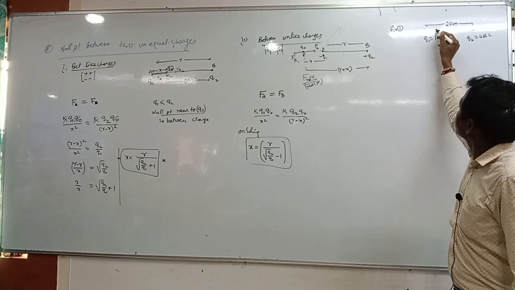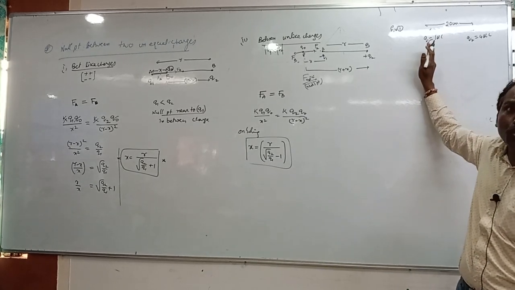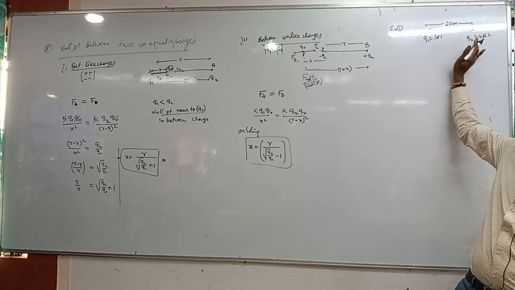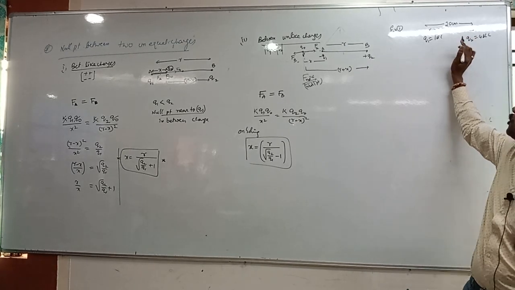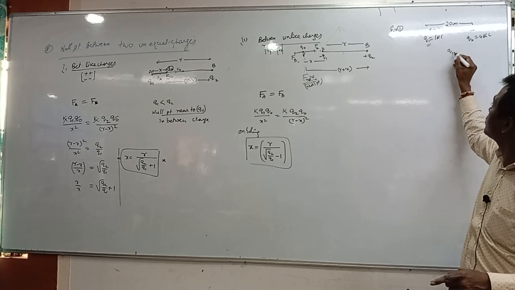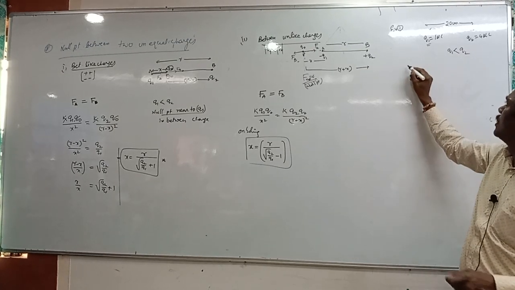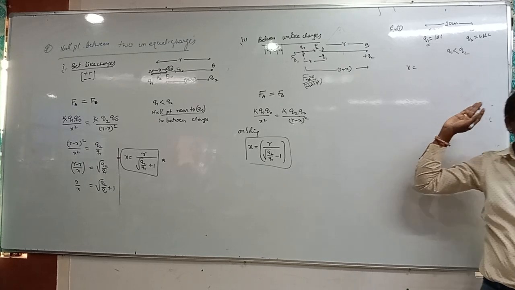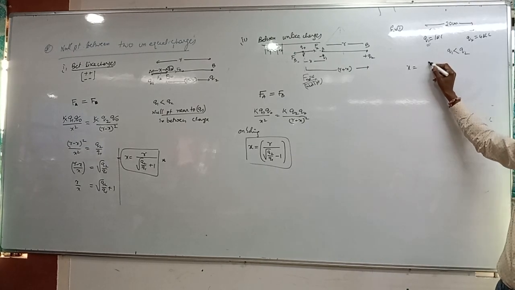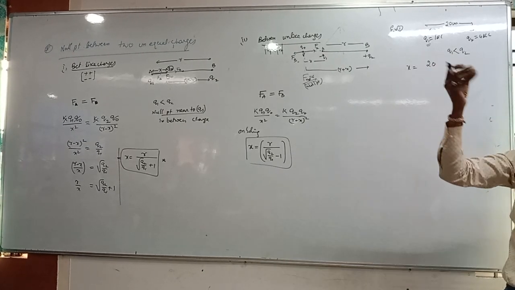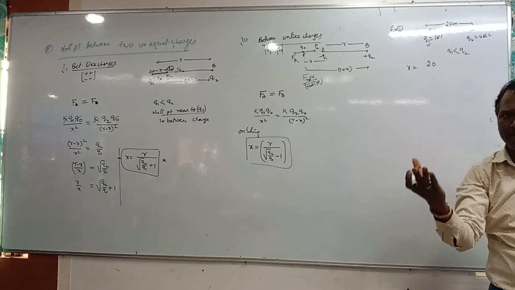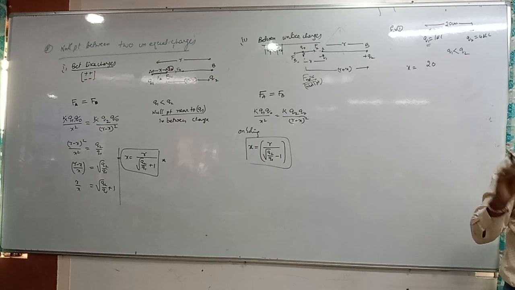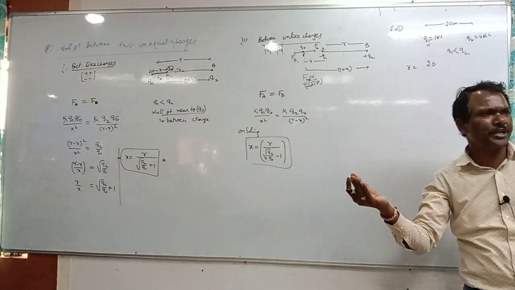Here let it be x, nearer to Q1, the lesser charge, since Q1 is less than Q2. You can take distances directly in centimeters as given, and the answer will come in centimeters. No need to convert it into SI units.